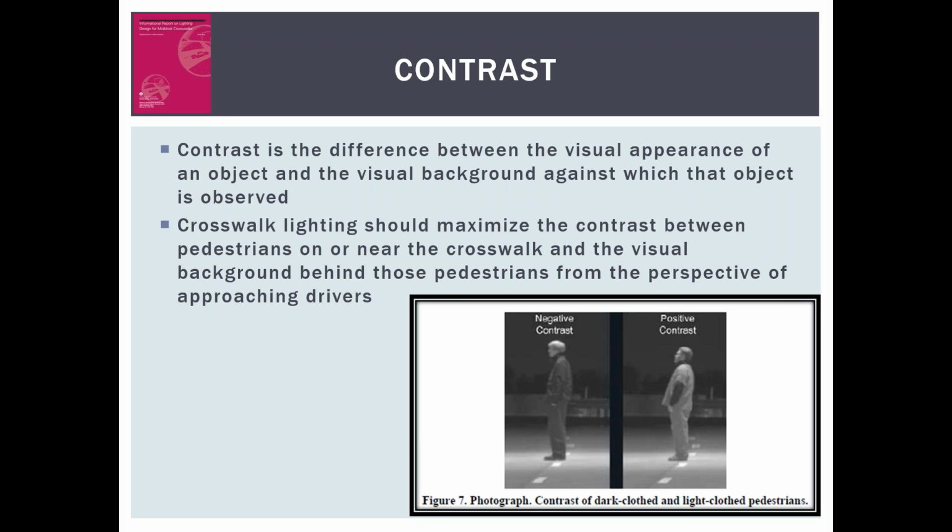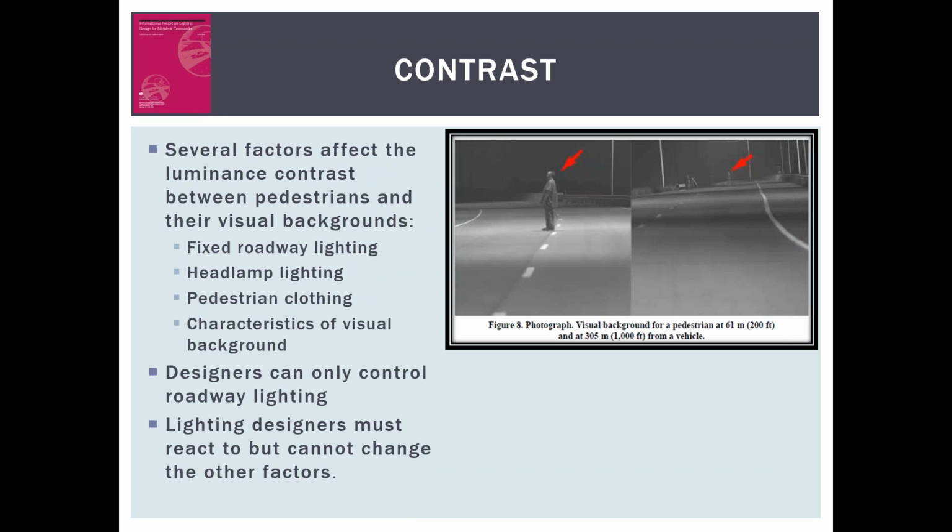Fundamentally, a crosswalk lighting designer's task is to maximize the contrast between pedestrians on or near the crosswalk and the visual background behind those pedestrians from the perspective of approaching drivers. Several factors affect the luminance contrast between pedestrians and their visual backgrounds, such as fixed roadway lighting, headlamp lighting, pedestrian clothing, and the characteristics of the visual backgrounds.